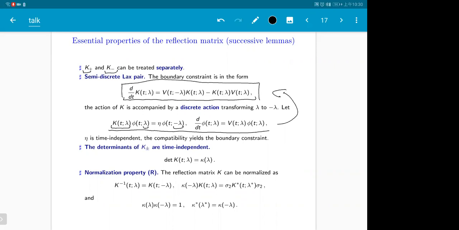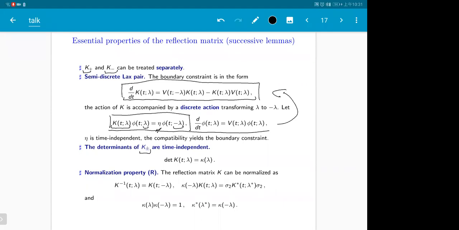If you combine these two linear problems together, you will go back to this semi-discrete representation. While this form looks a little strange at first glance, we can show that this is always true. With certain assumptions on the reflection matrix K, the determinants of the reflection matrix are time independent, so they are actually first integrals.